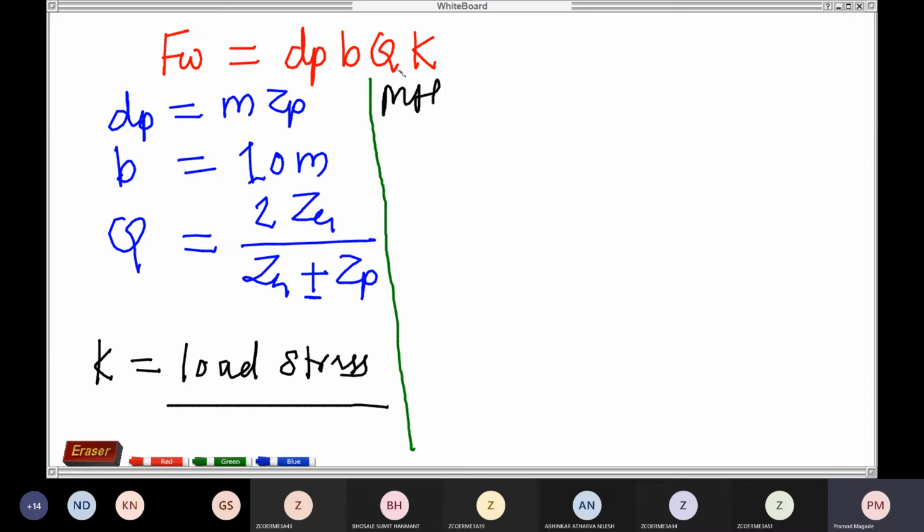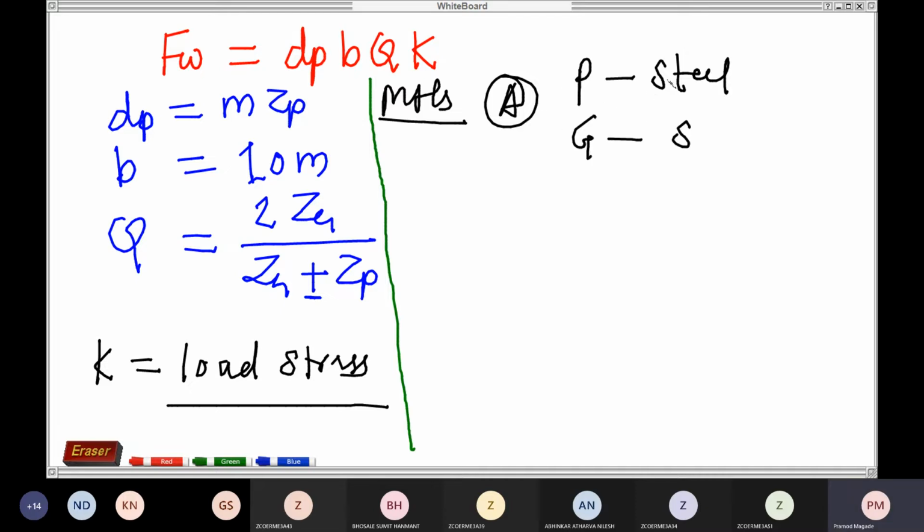As I told you, three arrangements of the material are generally used. First arrangement, I'll say A: if the pinion is made up of steel, and the gear is made up of steel. In that case, I will have to take the load stress factor K equal to... Now, a lot of derivation is there, but that will not be asked in the exam.